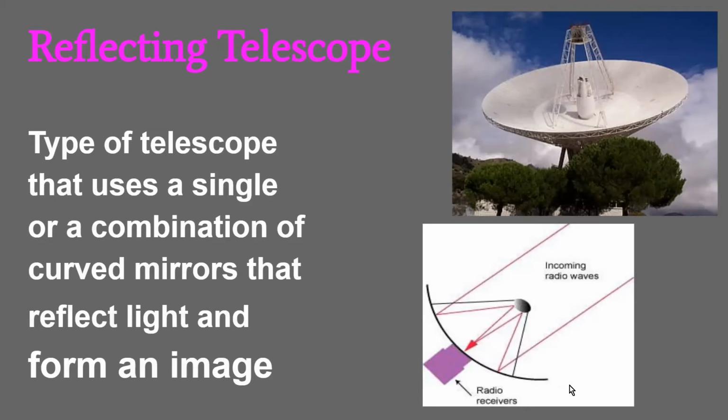The main reflector receives the incoming waves, the light falls on it, and the light reflects onto the sub-reflector and back to the waveguide. We will be seeing more of these types of telescopes and how their parts function in the next two topics.